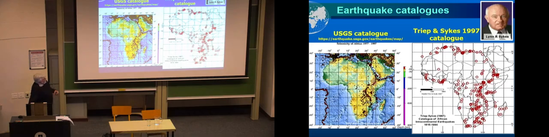Lynn Sykes was one of the famous seismologists who introduced the whole plate tectonic interpretation of earthquakes, and he, in about 1997, together with a student, compiled that kind of catalogue of African earthquakes. And again, you can see where earthquakes have occurred, and you will notice again that there's quite a lot in Central and West Africa, which is quite away from plate boundaries.